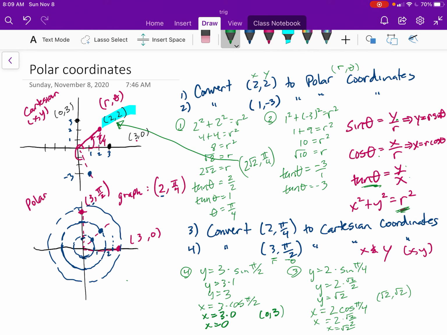I'm in degrees. Tan inverse, negative 3. Negative, so we get negative 1.24 about. Okay, so 1.24 radians.